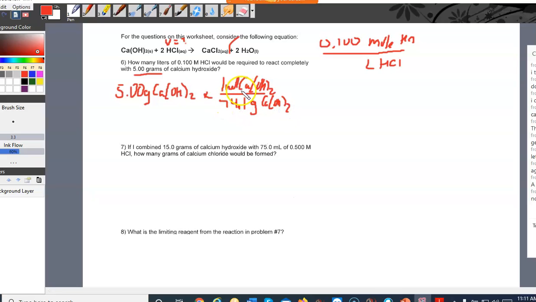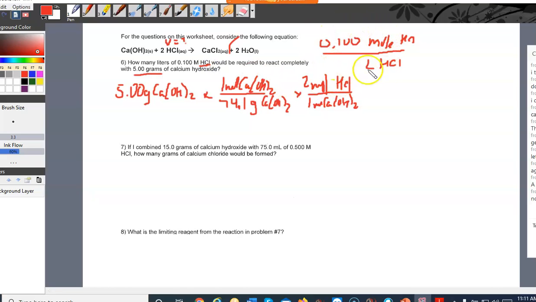So this gets me into moles of calcium hydroxide, and I have to get to moles of hydrochloric acid. So 1 mole of calcium hydroxide is to 2 moles of HCl. So I am now in moles of HCl, which is what I'm trying to get to.